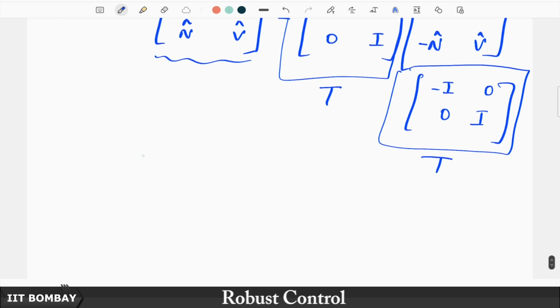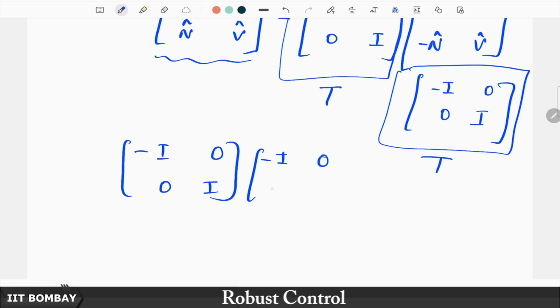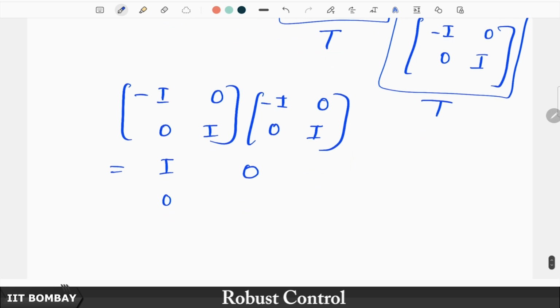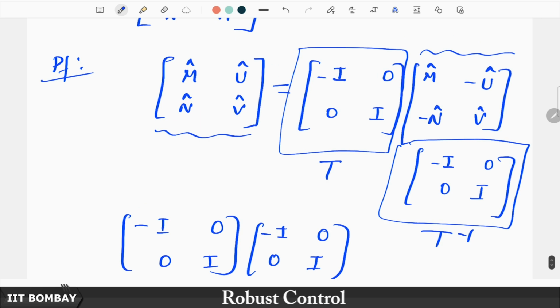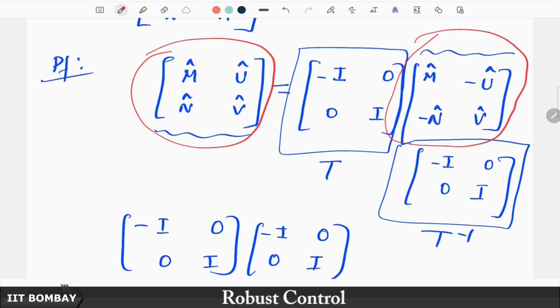In fact, you can see that minus I, 0, 0, I times minus I, 0, 0, I is equal to identity. So, it is its own inverse. So, I can even call this T inverse. So, the invertibility of this is tantamount to the invertibility of this and the other way around.